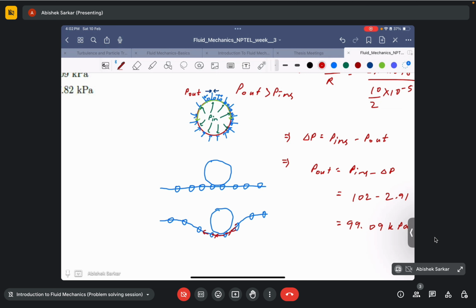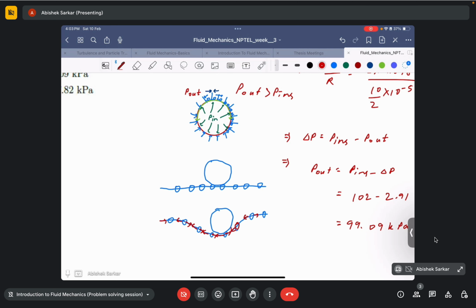Now you can observe that there is a kind of force that is trying to pull these liquid molecules towards each other. So for this particular liquid molecule, this molecule experiences a kind of tensile force.